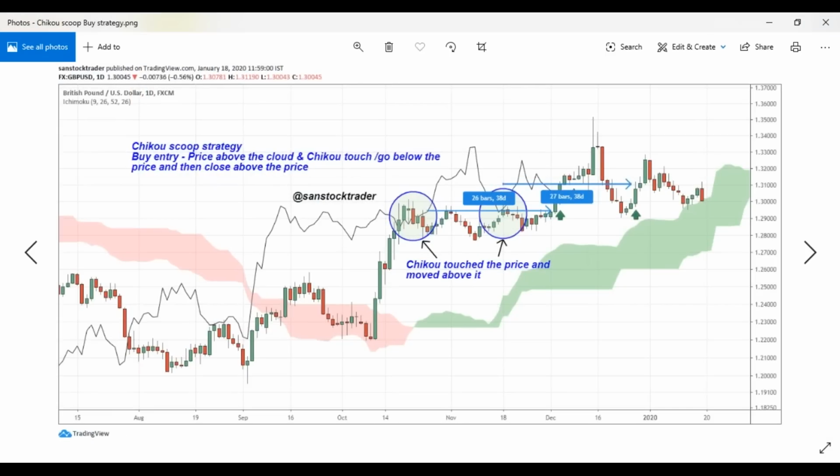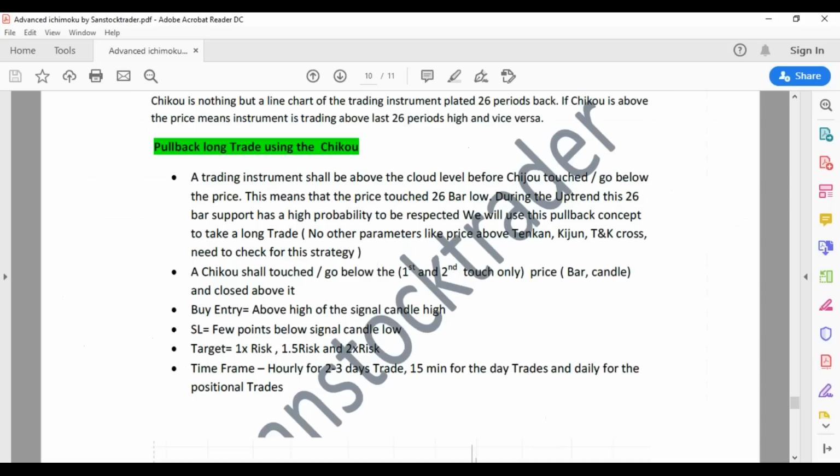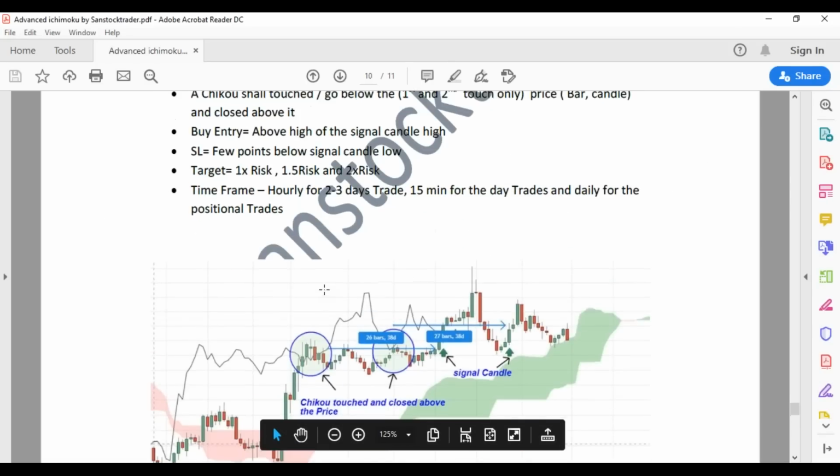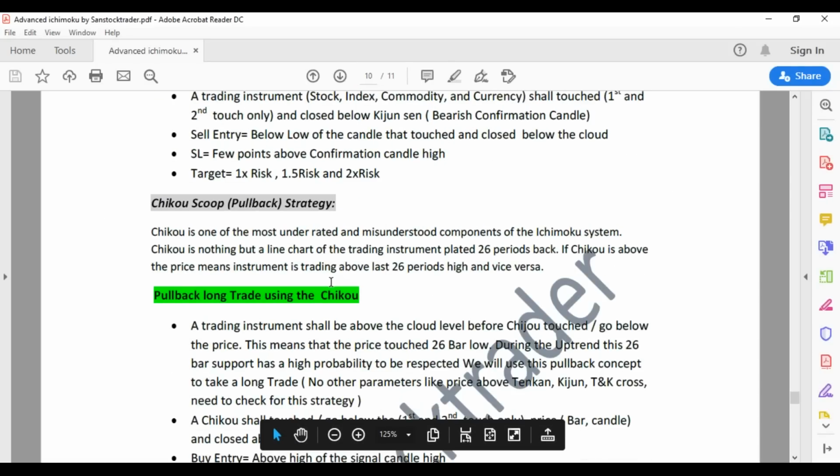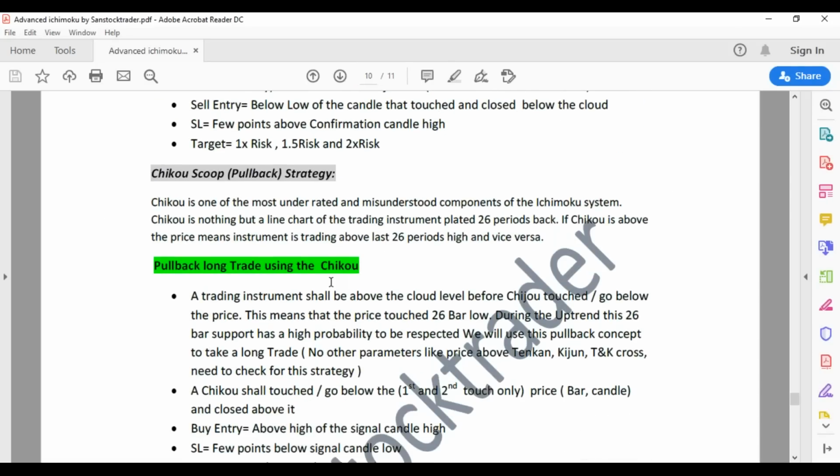In the Chikou Scoop strategy, we will not use the other components. Chikou is one of the most underrated and misunderstood concepts of the Ichimoku system. Chikou is nothing but a line chart of a trading instrument plotted 26 periods back.